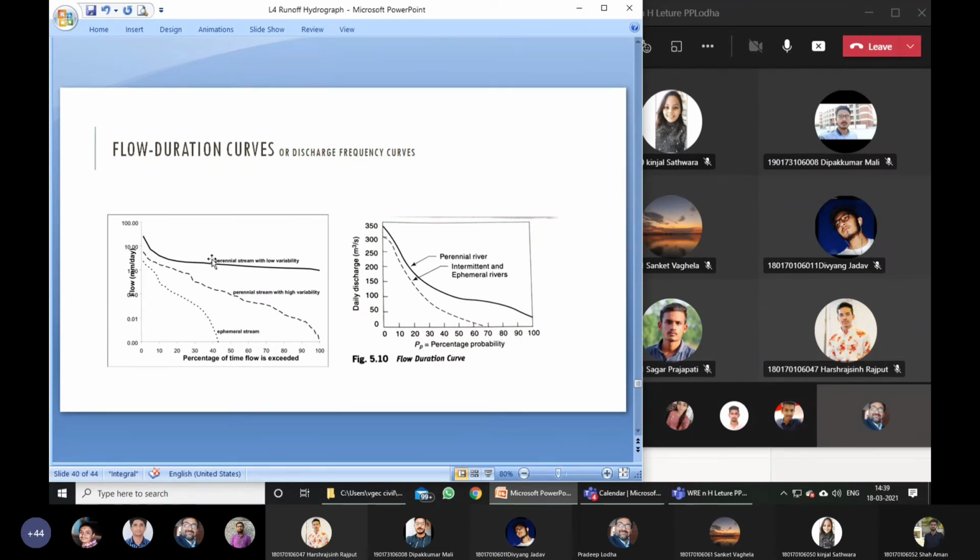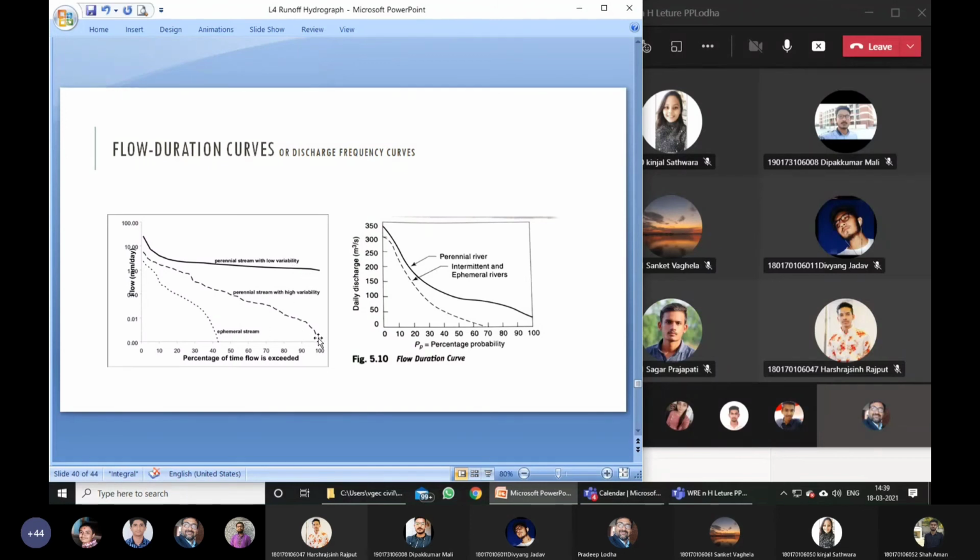And similarly, in the left chart, you could find that the perennial river is this. This is very horizontal, probability is very high, 100% and good flow, almost stable flow throughout the year. So this is a perennial stream with low variability.